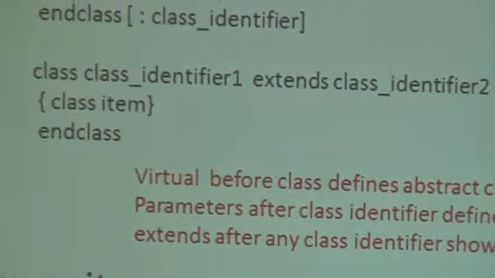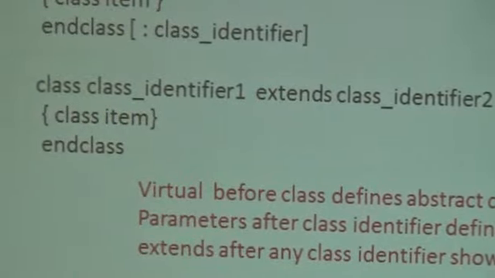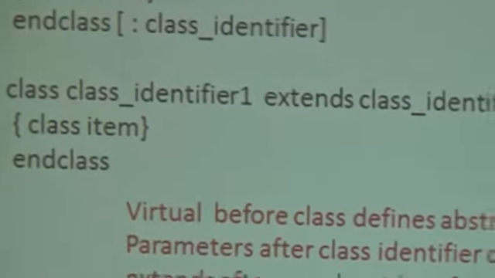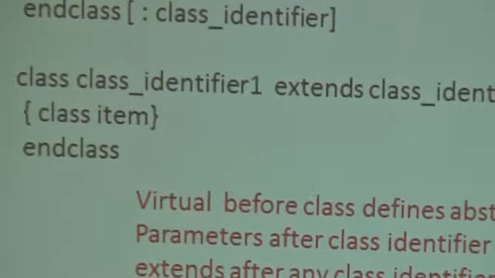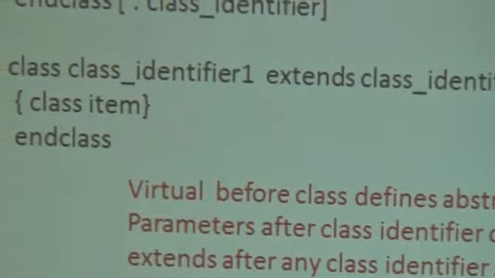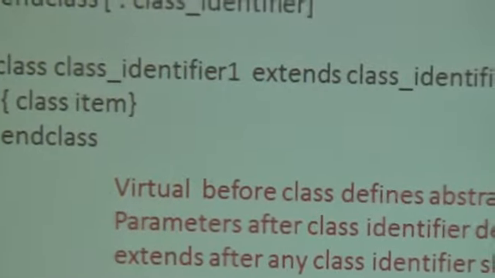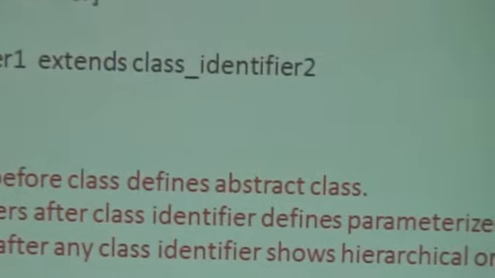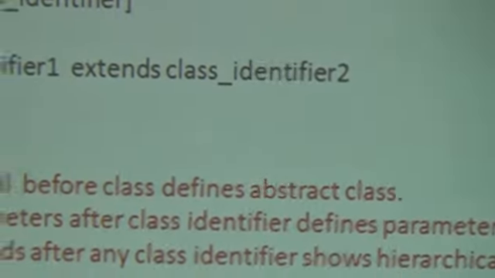In this syntax we have class identifier 1 extends class identifier 2, and we have class items and endclass. Here class identifier 1 represents the child class, and class identifier 2 represents the parent class.